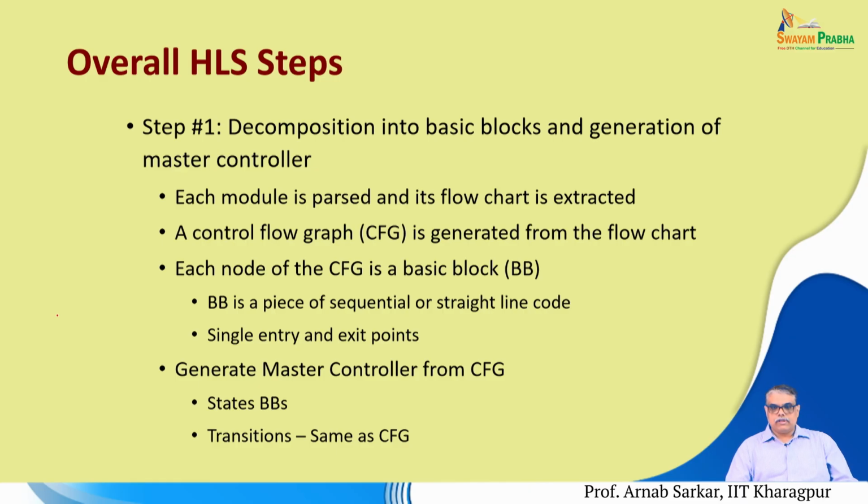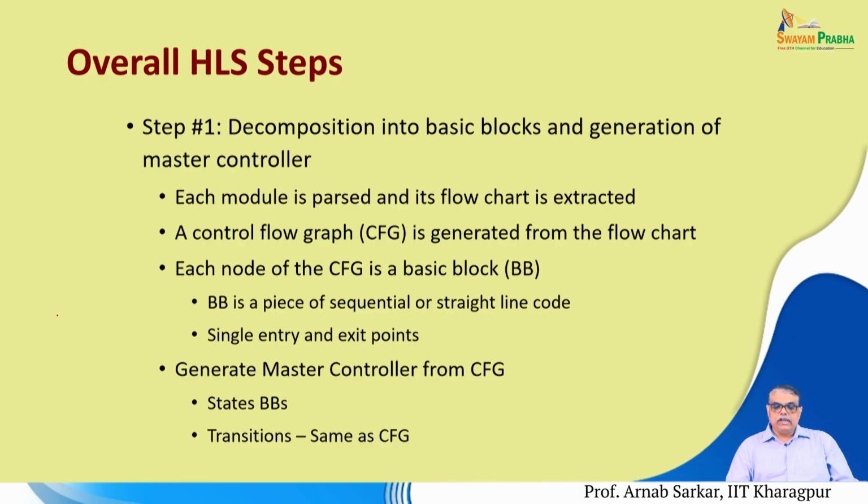In simple terms, control cannot come from anywhere else in the program at any intermediate statement within the basic block, and control cannot bifurcate into multiple flows of control from any intermediate statement in the basic block.